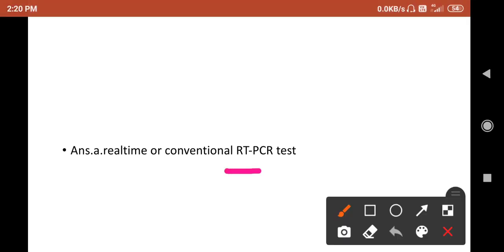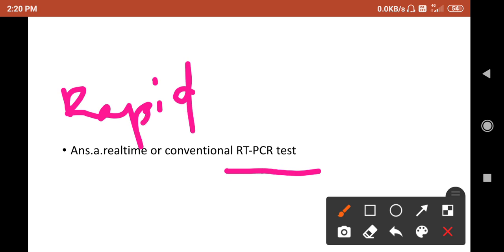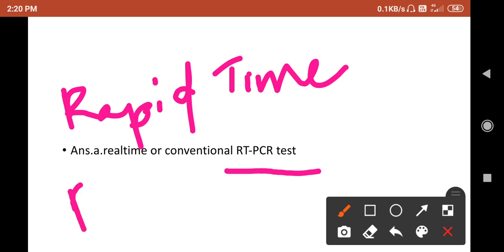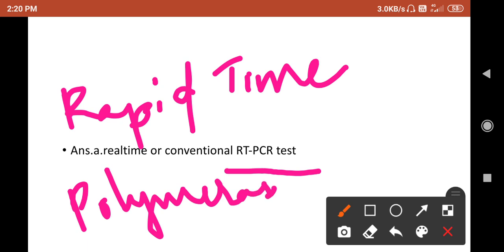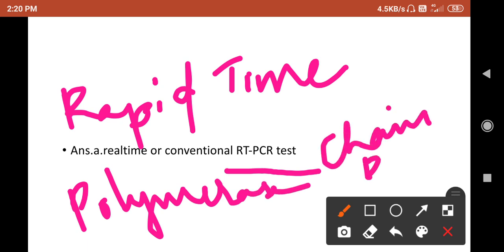So I'll tell you what RT-PCR test is. RT-PCR stands for real time, and PCR stands for polymerase chain reaction.